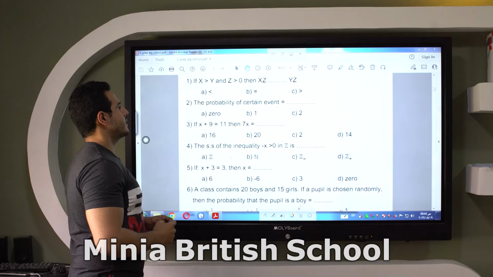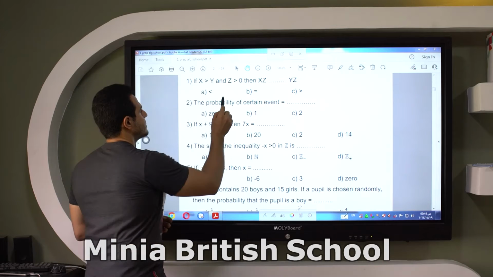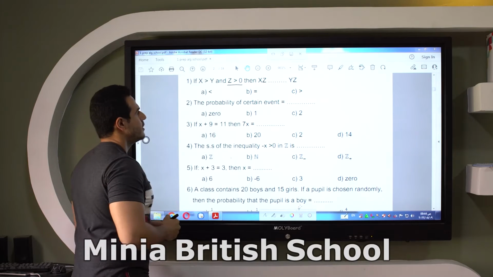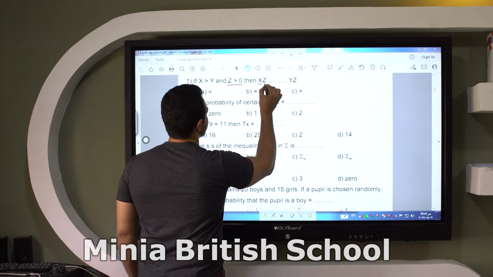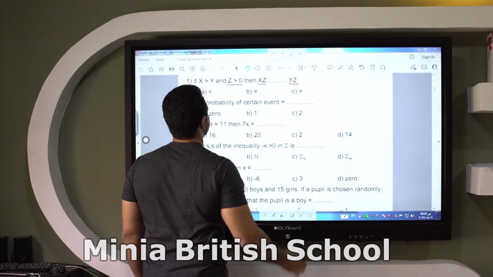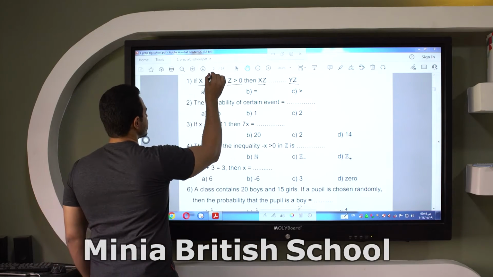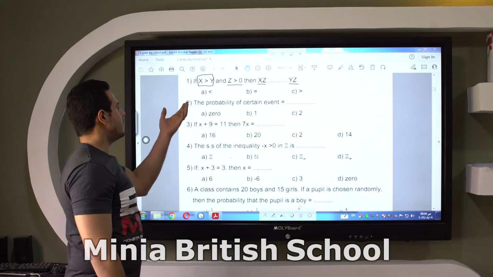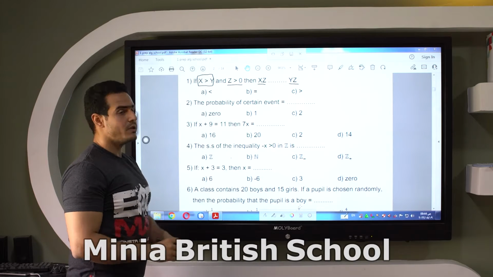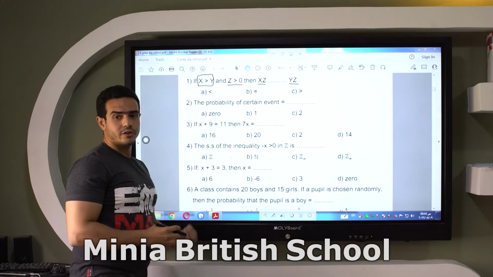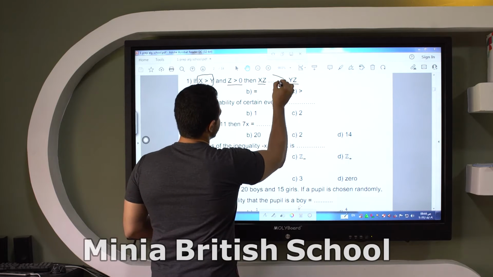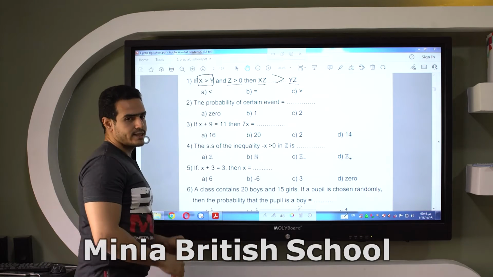Okay, if x greater than y and z greater than 0, then x times z and y times z, which one is greater? At first, x greater than y. So when we multiply x and y by the same positive number, the greater number is still the greater number. So xz greater than yz.